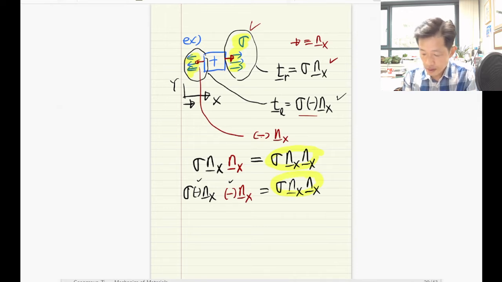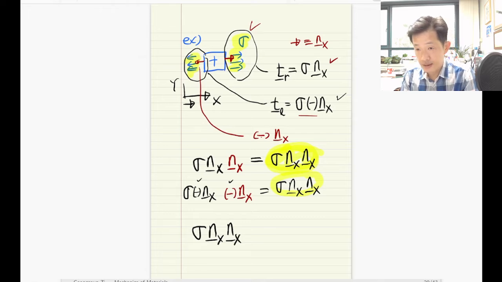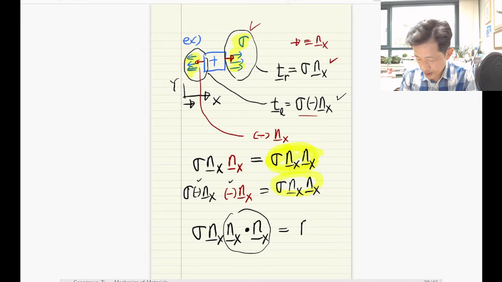Okay. All right. So now let's try to measure the traction here. So this is a stress condition. I have this stress condition, sigma nx and x. To represent the stress state, we need two directions. And if you want to read the traction in a certain direction, we need to consider dot products. So if you consider this is equal to 1, this is our traction, sigma and x on the right hand side.